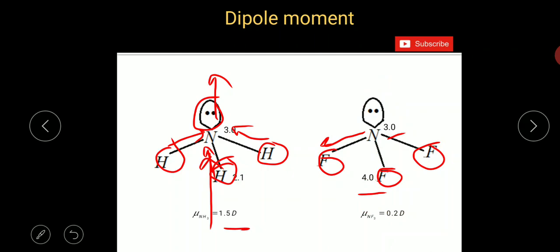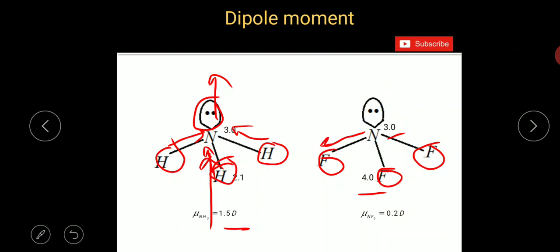So even though the electronegativity differences for nitrogen-hydrogen and nitrogen-fluorine are almost the same, the dipole moment values of the two molecules are not the same. NH3 dipole moment is more than NF3. The reason is, in ammonia, the dipole moments of all the bonds and the lone pair of electrons are in the same direction.